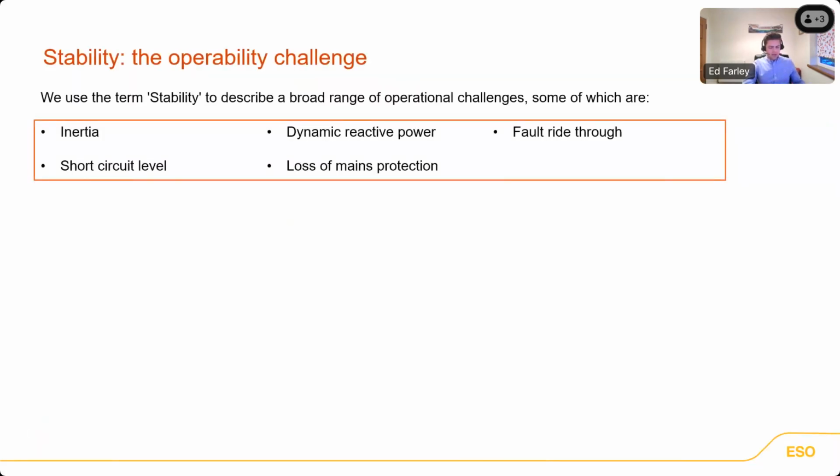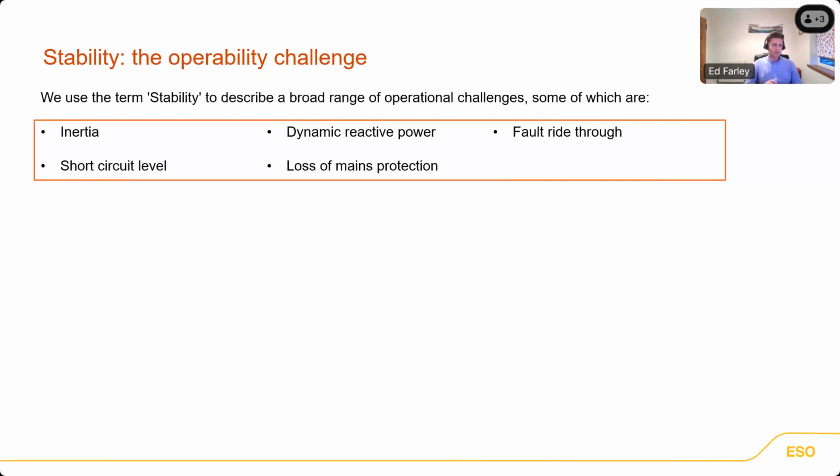So that's more general, but when it comes to system stability, what sort of impact has that overall big picture had? So we use system stability to describe a broad range of things.